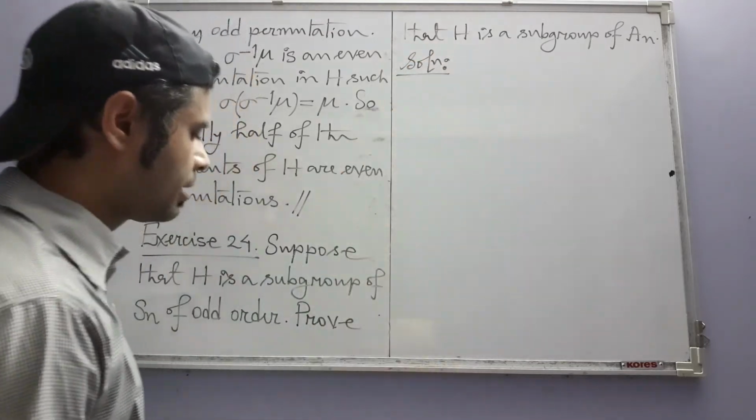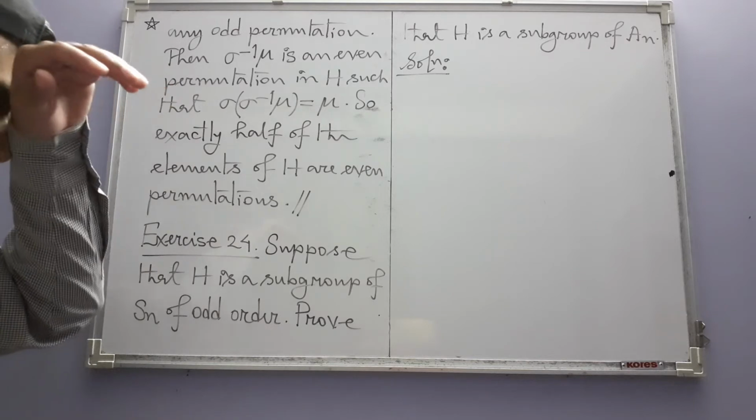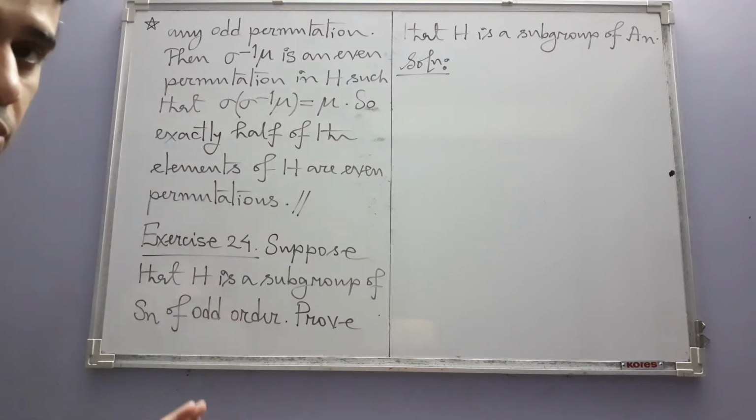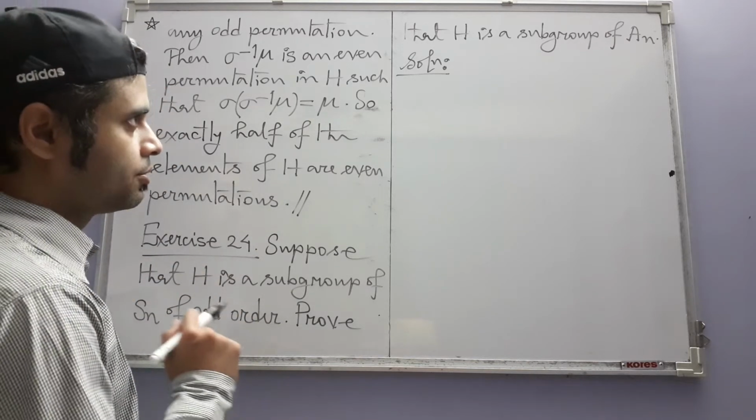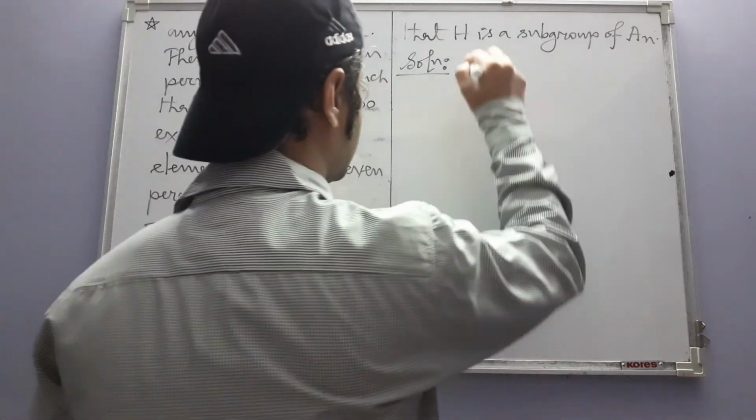So it is given that H is a subgroup of Sn and H has odd order. We need to prove that H is a subgroup of An.